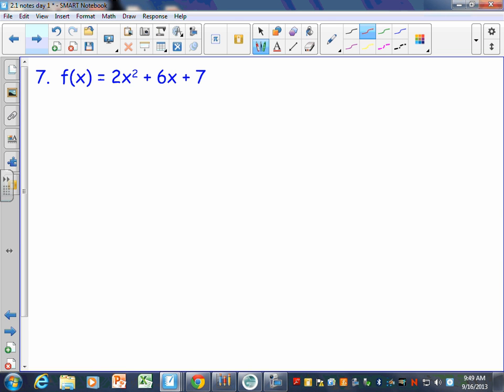Remember, to complete the square, you can't have a number in front of x squared besides 1. When it's an equation that we're solving, we would just go through and divide everything by 2, right? But you can't divide f of x by 2. So do you remember what we have to do on this one?